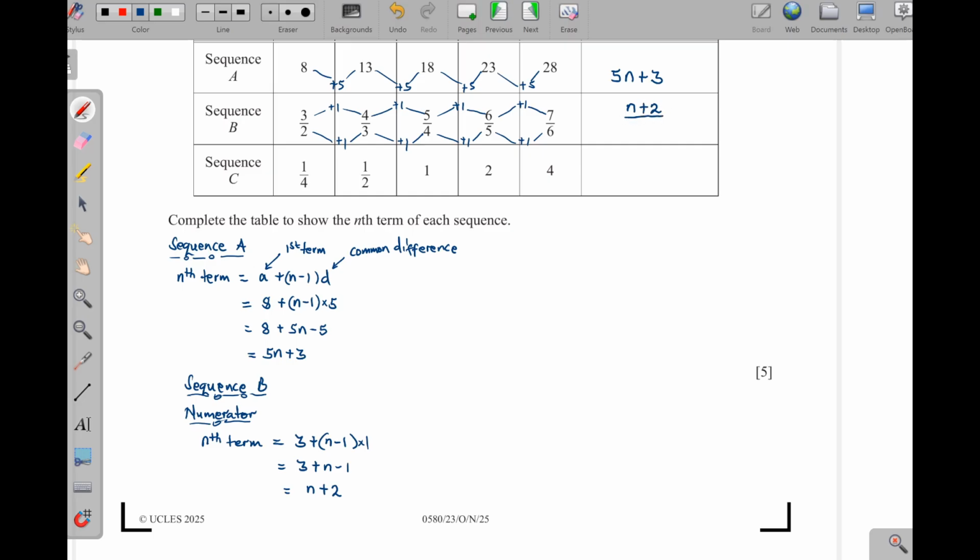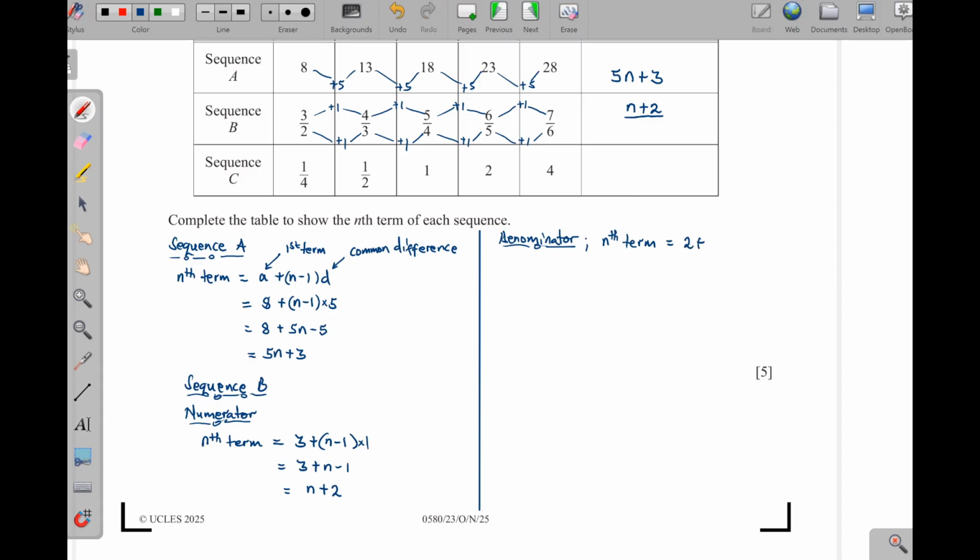Then in the denominator, what do I have? Maybe put this one here like this. For the denominator, what do we have? The nth term is equal to, the first term is a 2.